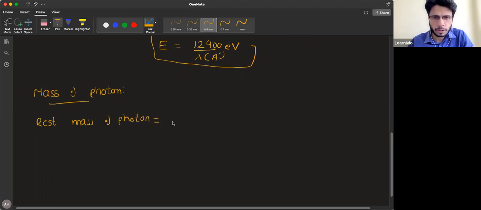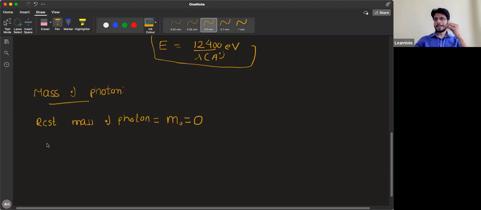Adrian, how much is the rest mass of photon? Mass of photon when they are at rest? Open question. Does anyone remember how much is the rest mass of photon? Zero. So if you have photons at rest, then their rest mass is zero.